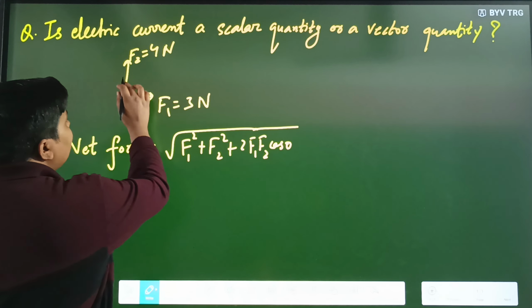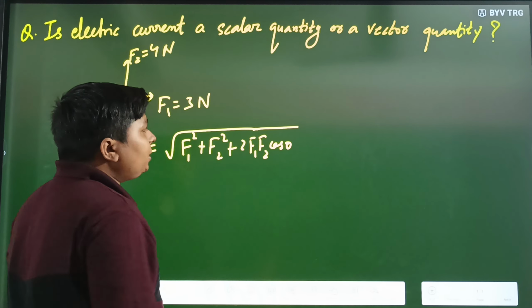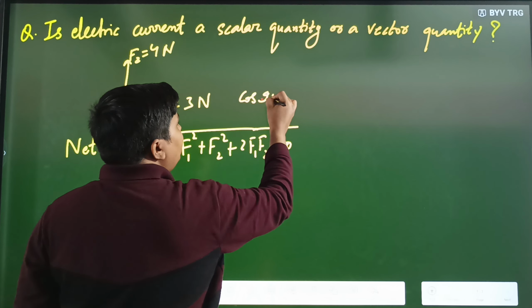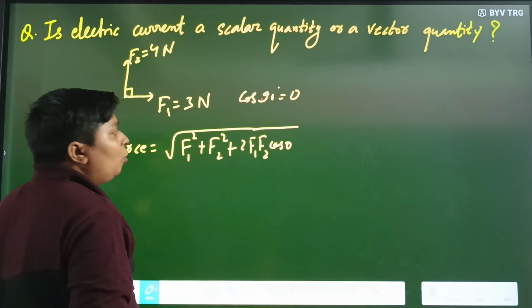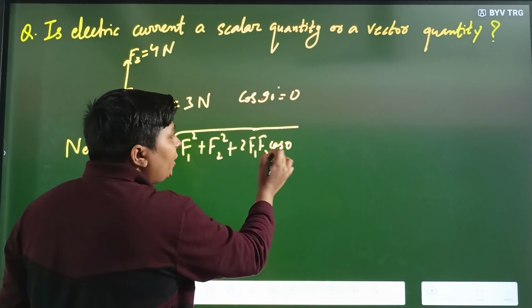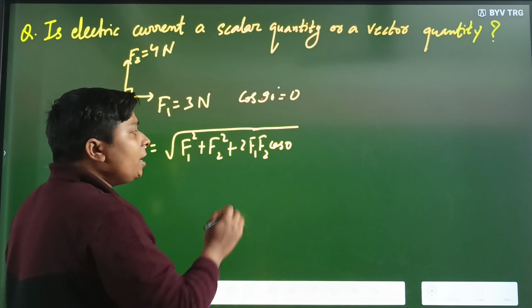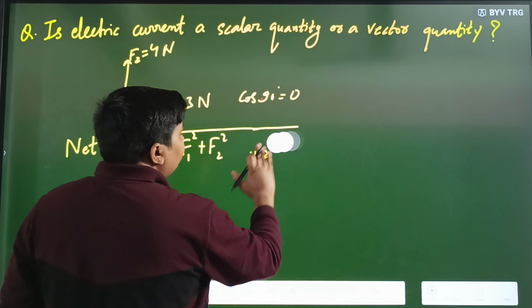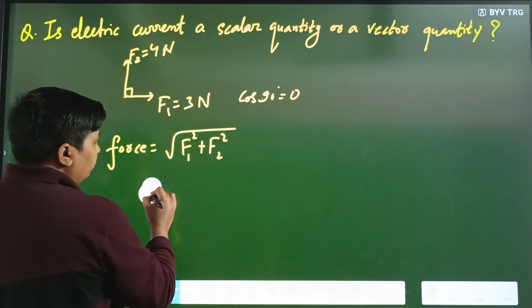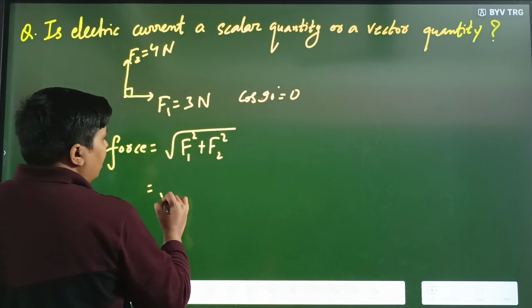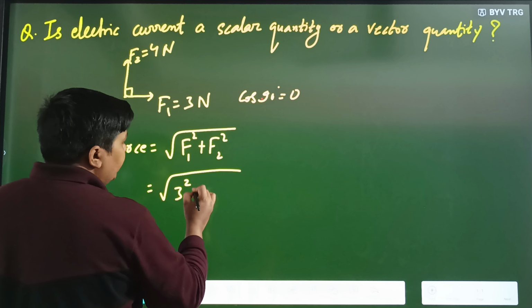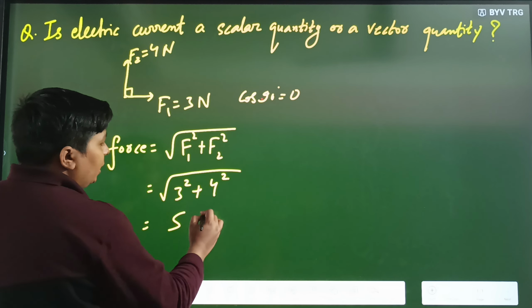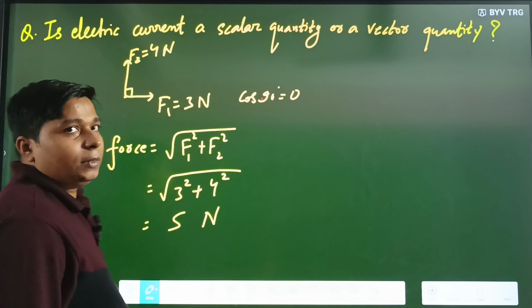Now, since the angle between those two vectors is 90 degree, and cos 90 degree is equal to 0, this whole term 2 F1 F2 cos theta comes out to be 0. So, we can erase that term. Now, under root F1 square, 3 square plus 4 square, it comes out to be 5, and this is 5 Newton.